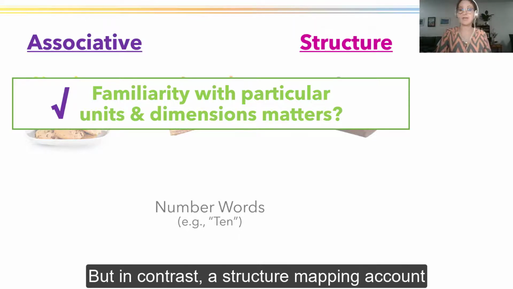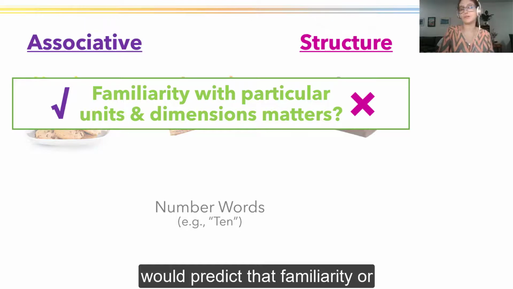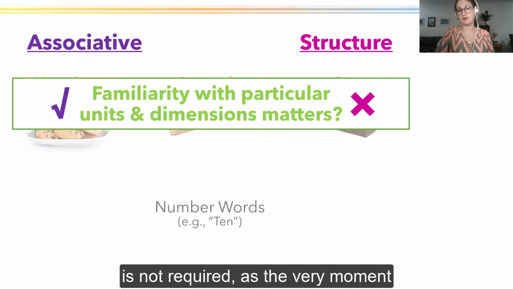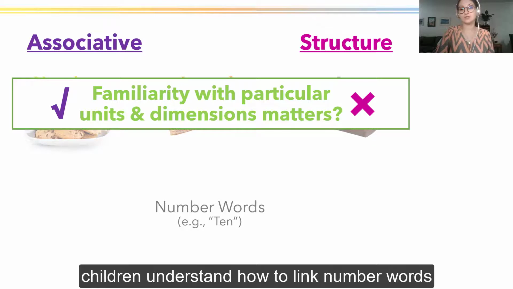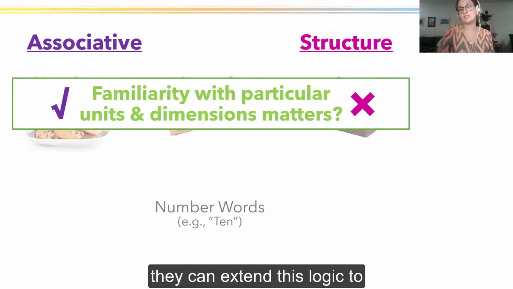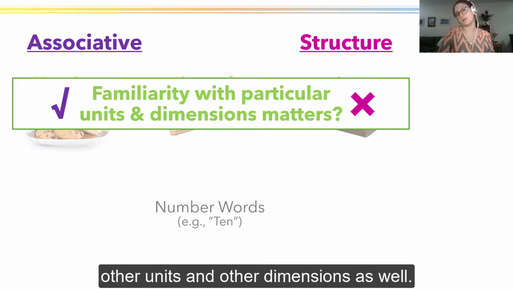But in contrast, a structure mapping account would predict that familiarity or experience with particular units and dimensions is not required, as the very moment children understand how to link number words to a particular unit in any dimension, they can extend this logic to other units and other dimensions as well.